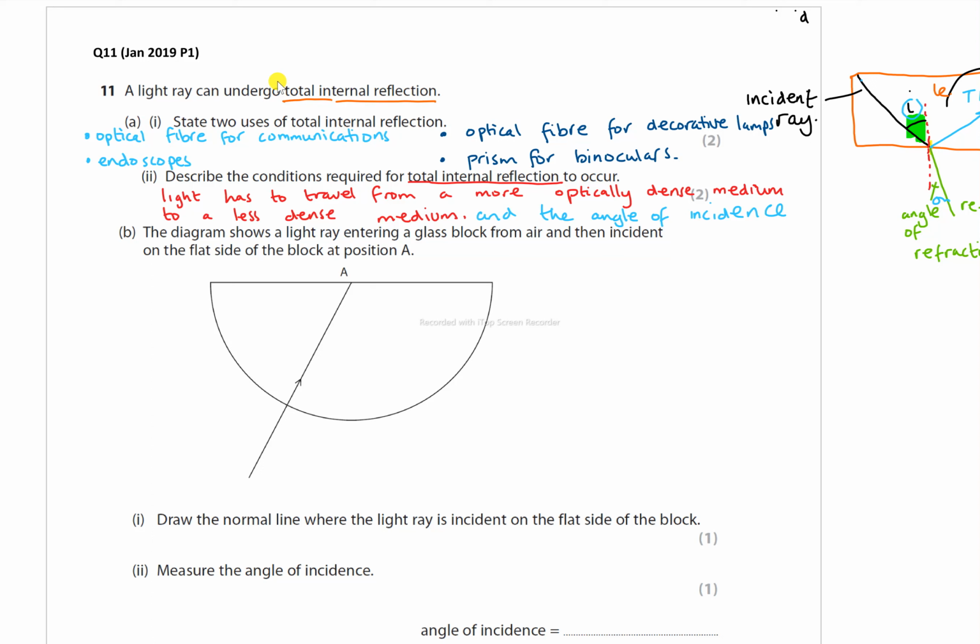The angle of incidence is more than, or greater than, the critical angle. Right, try to learn that. The conditions for total internal reflection, actually quite a good question that, because you can actually make notes of the mark scheme. Okay, right, here we go.